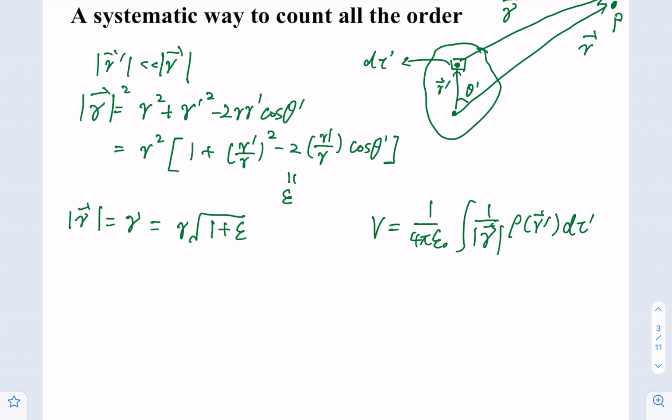So we are interested in seeing how 1 over the separation vector behaves when this quantity is small.